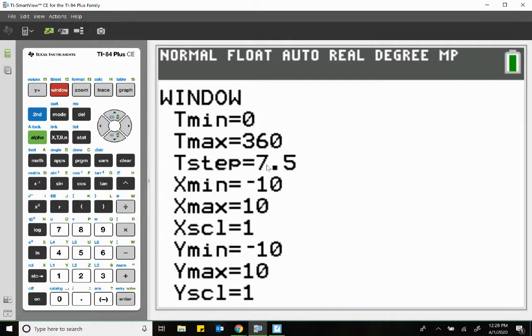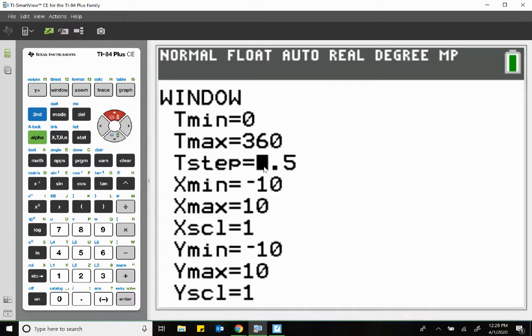So let's go into, sounds like an emergency going on. So mode, parametric. Let me look at my window in here. And this is the steps that I have. It has my steps going by. Zoom. Let's make sure that's standard.